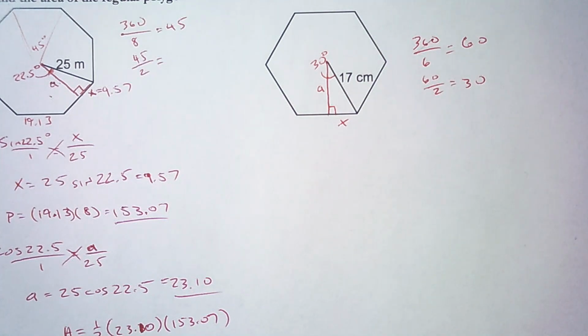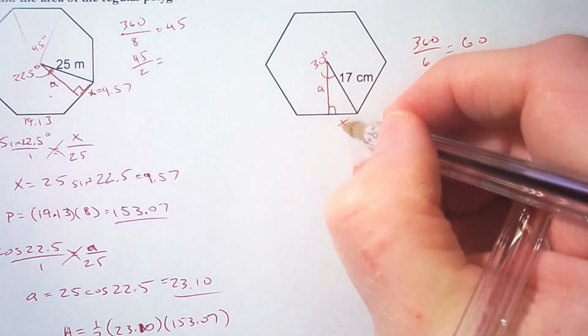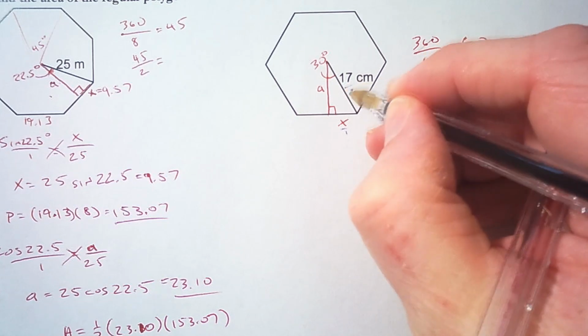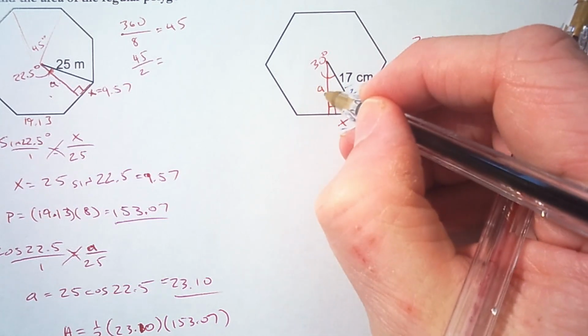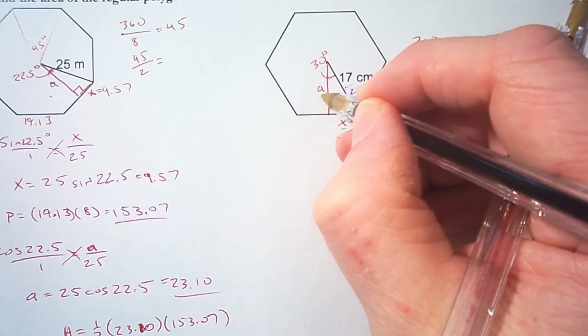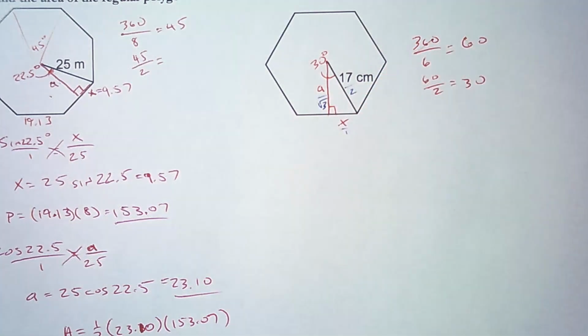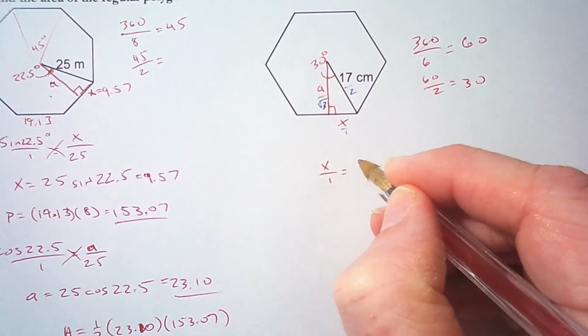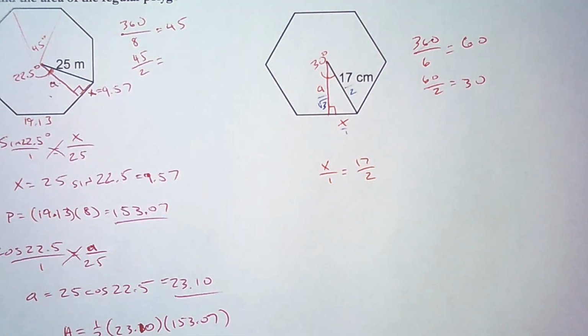Now we're looking at a 30, 60, 90 triangle. In a 30, 60, 90, the shortest side is to 1 as the hypotenuse is to 2 as the medium side is to the square root of 3. So I have x is to 1 as 17 is to 2.